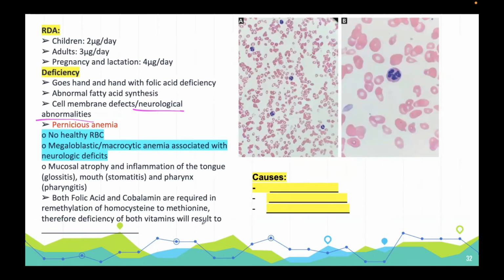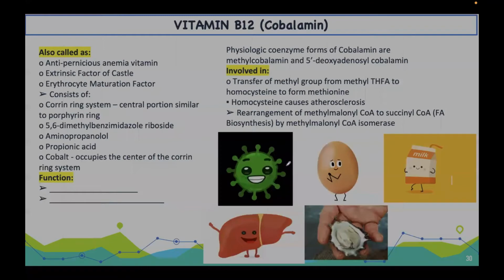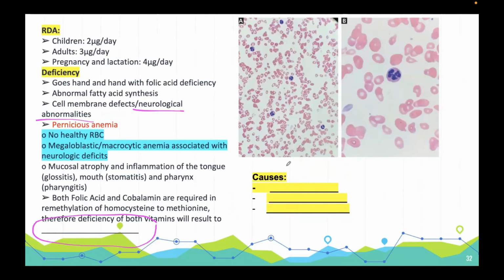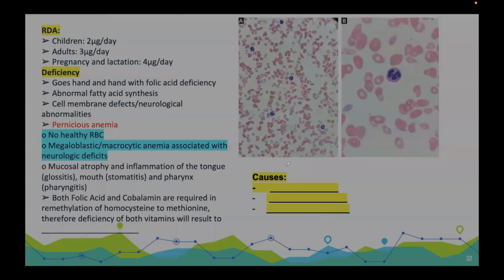Pakitandaan, therefore, deficiency of both vitamins will result to megaloblastic anemia. Okay? So, ang mga causes ng ating megaloblastic anemia mainly low intake. Okay, what else? Yung mga low absorption, yan po yung mga causes ng ating deficiency in your vitamin B12.